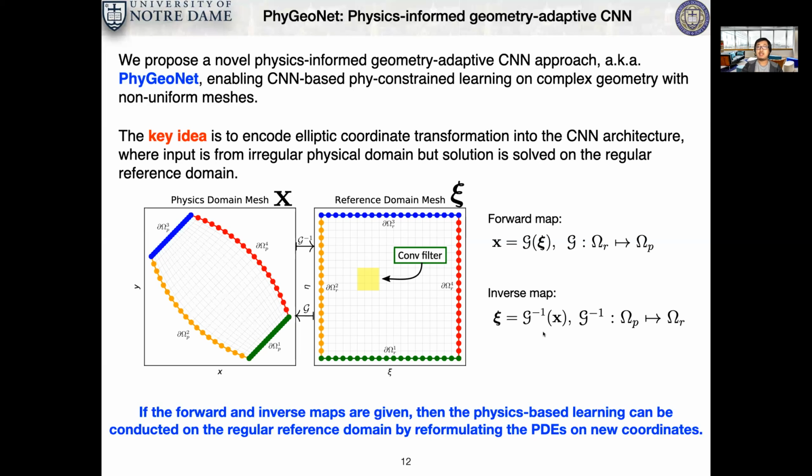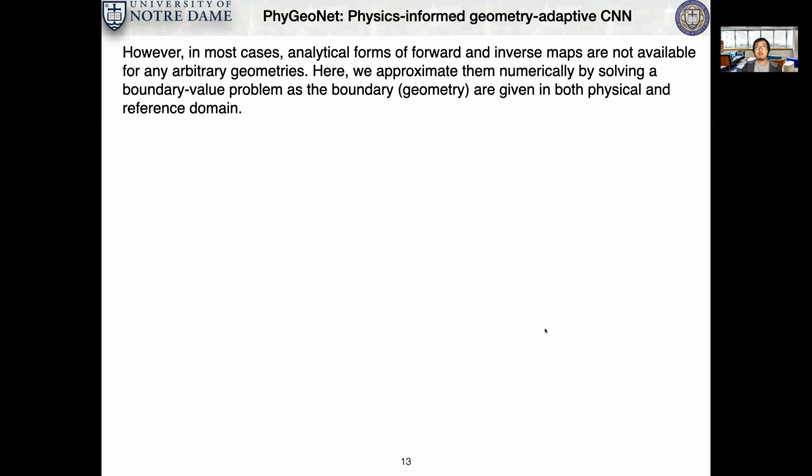Therefore, the classic convolutions can be used. However, in most cases, analytical forms of either the forward or inverse map, G or G inverse, are not available for arbitrary geometries. So we have to approximate numerically.